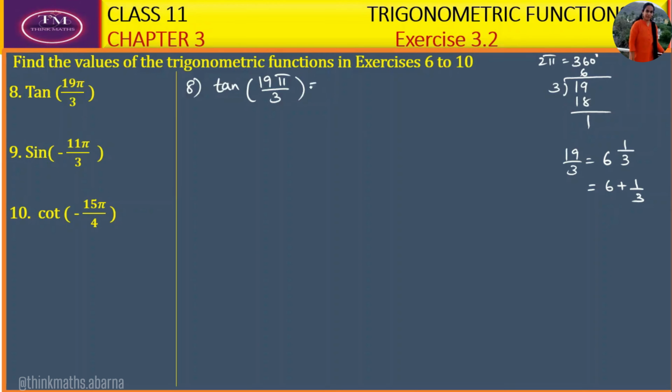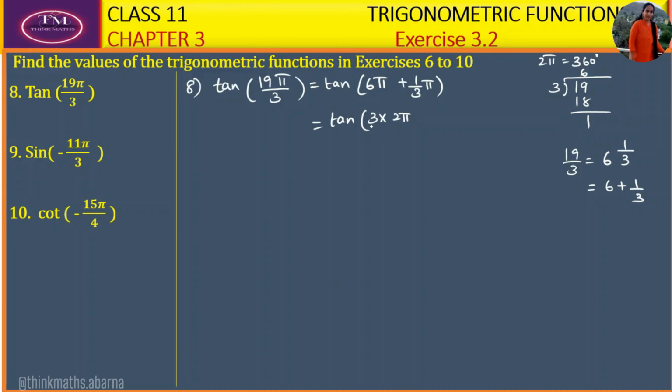So it is equal to tan of 6 pi plus 1 by 3 pi. Okay. So this 6 pi is nothing but 3 into 2 pi. That's why we use even here. If it is not even, we have to convert it to even. Okay.